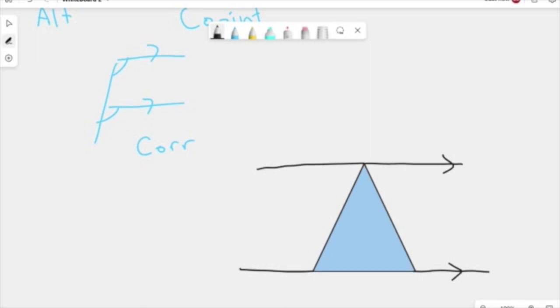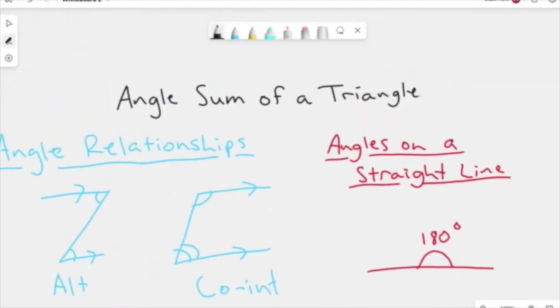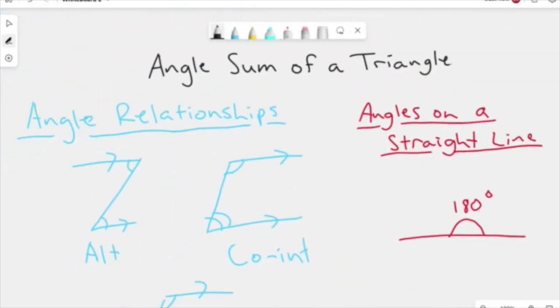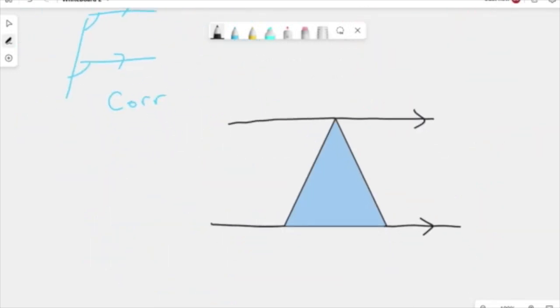We're just adding random little bits to our shape to geometrically figure out certain properties. So here we want to find the property of the angle sum of a triangle. Now, feel free to pause this video on this triangle and see if there are any ideas that you can think of before I go on.